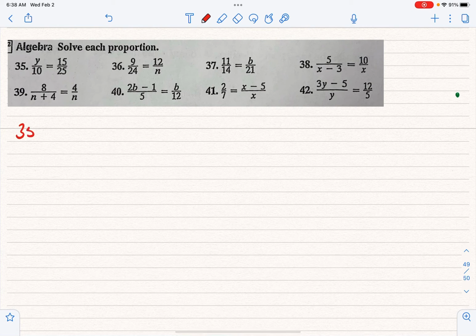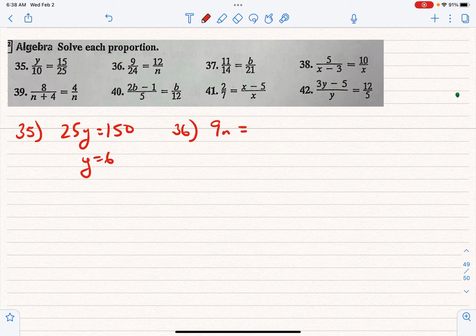Number 35, you can cross multiply, and you would get that 25y is equal to 150, so therefore y is 6. For 36, you would get that 9n is equal to, what, 12 times 24 is 288. Divide both sides by 9, and you get that n is 32. 37. 14b is equal to 11 times 21 is 231, I think.